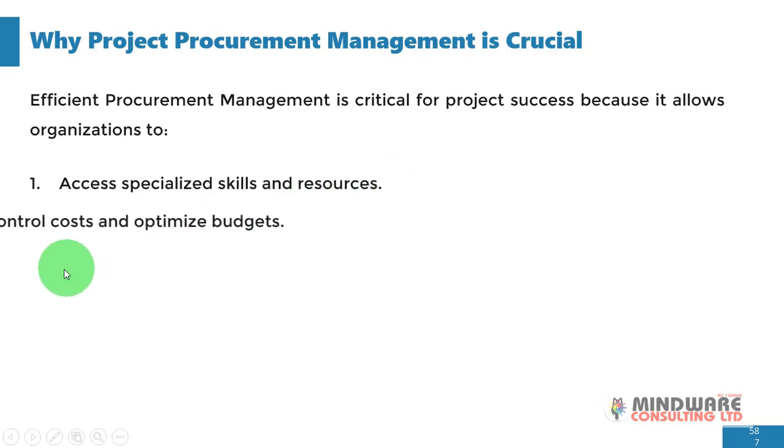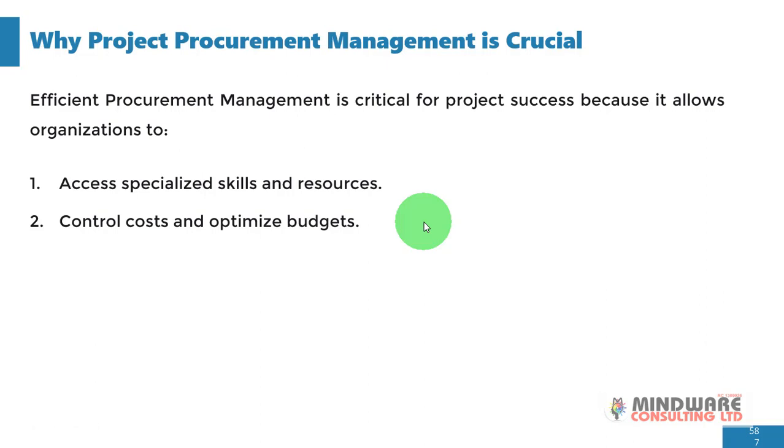Number two, procurement management is also going to help us control costs and optimize budgets. You're going to know what goods, what services, what materials, what products you require. So you're definitely going to be able to do your market analysis.